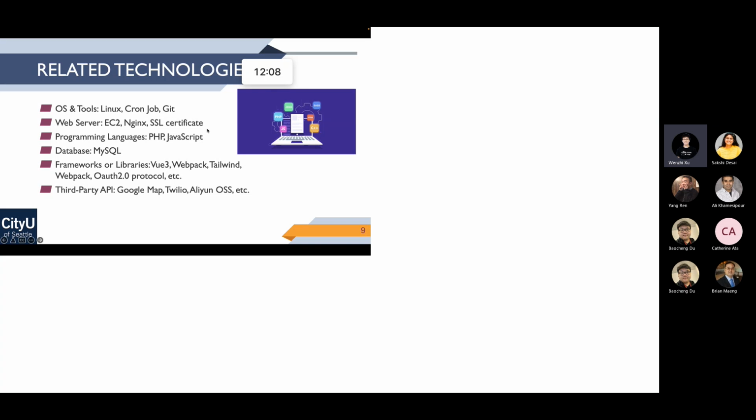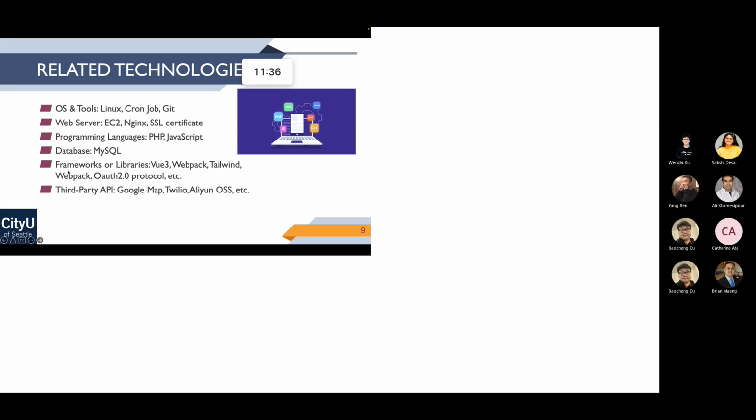For the related technologies, I use Linux, a cron job, and Git. For the web server, I chose AWS EC2 with Nginx, and I also added an HTTPS certificate. I use PHP and JavaScript: PHP is for the backend, and JavaScript for the frontend. For the database, I use MySQL, which is easy to use and keeps the relationships very easy.